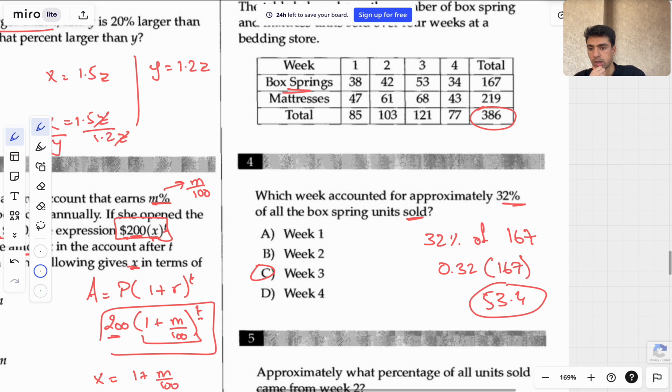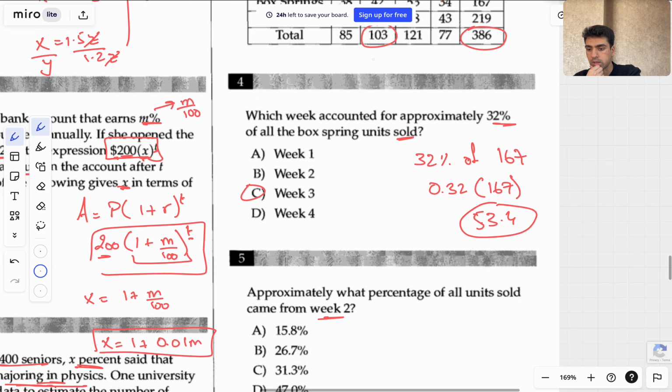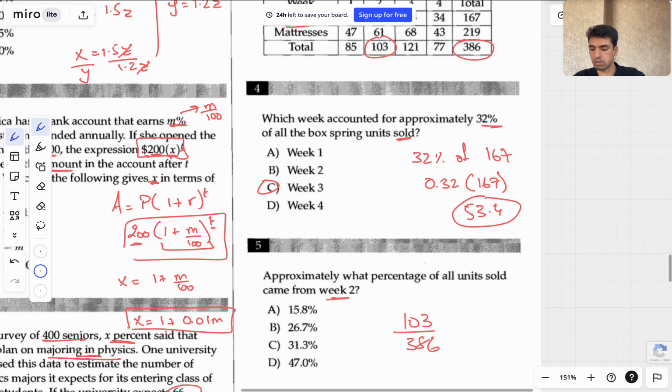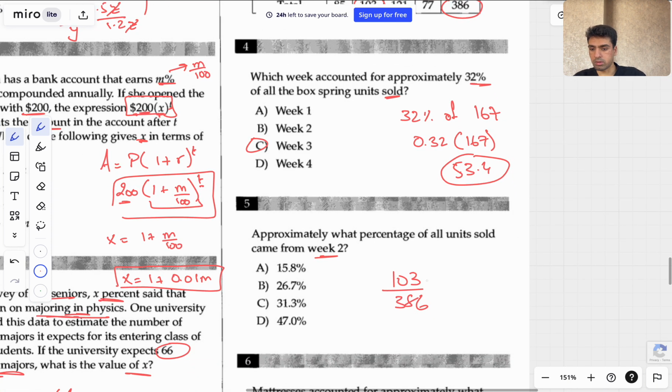In week 2 we had 103, so that'll be 103 over 386. 103 over 386 is going to be 0.266, which is close to 26.7%, which is B.